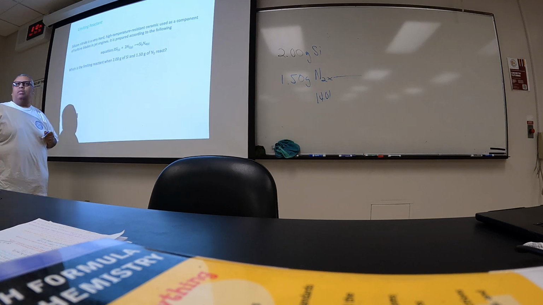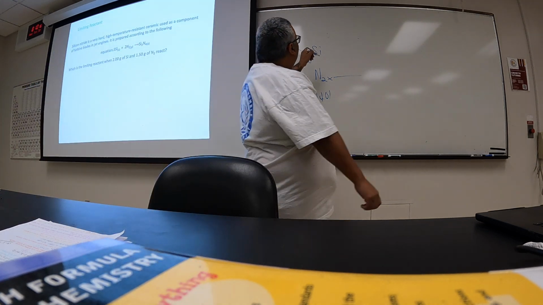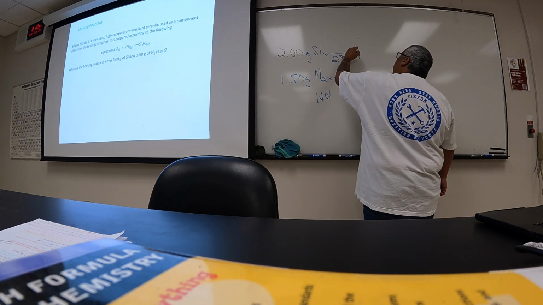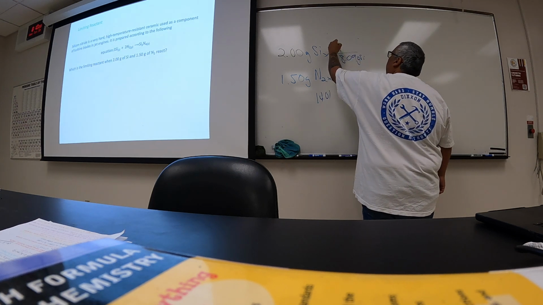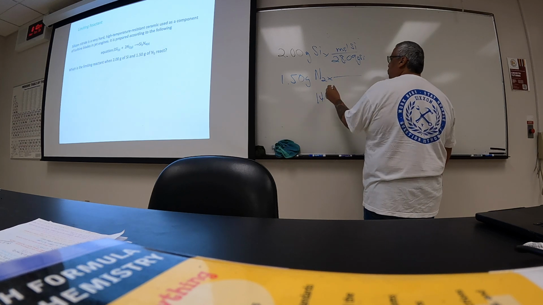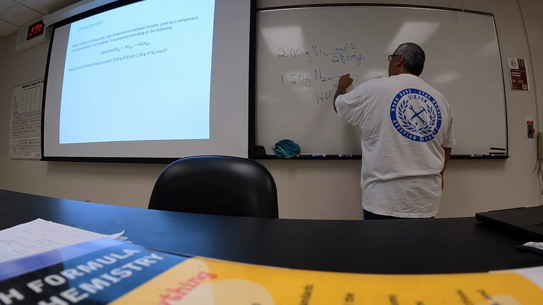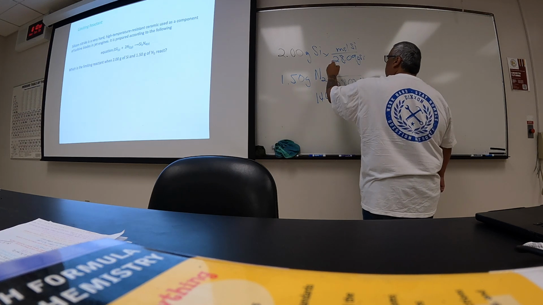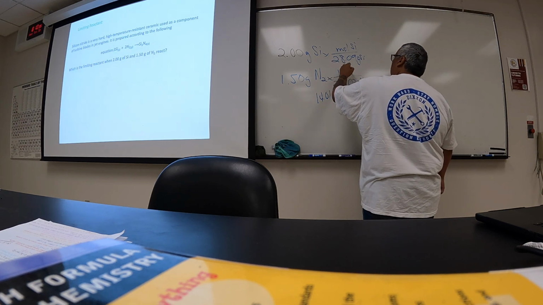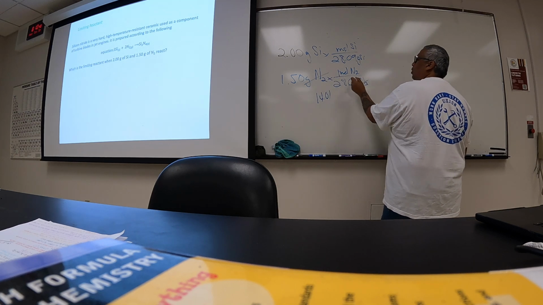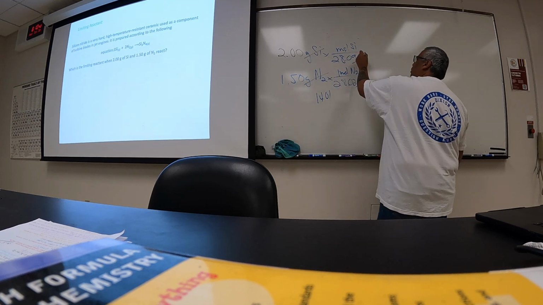Yeah, so 28.09. So this is 28.09 grams of silicon for every mole of silicon. And because there's 2 of them, we're going to have 28.02 grams of nitrogen for every mole of nitrogen. So here, these units go away. These units go away.